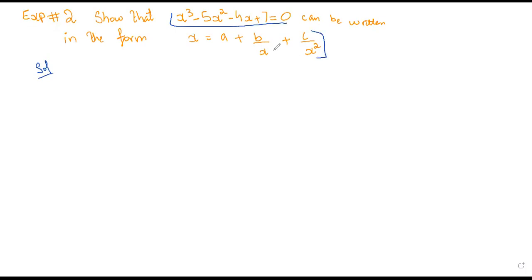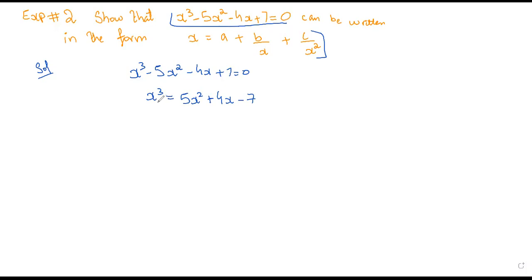So this is quite easy, right? Let's do it together. Let's just write down this equation again. Now let's take everything to that side. This would be 5x square plus 4x minus 7, right? And let's divide by x square.